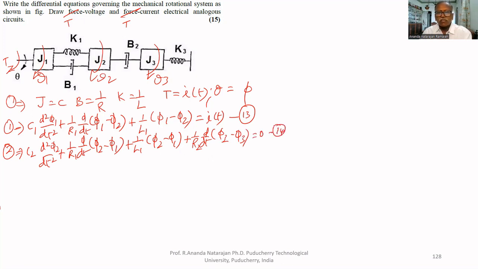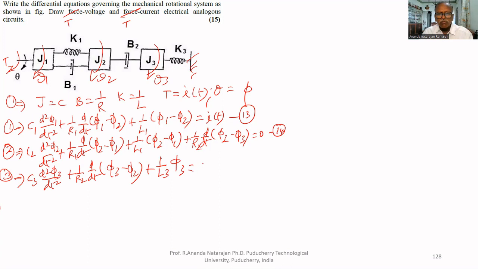This is the 14th equation. Next, the third equation becomes C3 d square phi 3 by dt square plus 1 by R2 d by dt of phi 3 minus phi 2 plus K becomes 1 by L3 phi 3, because one end is fixed, equal to 0.